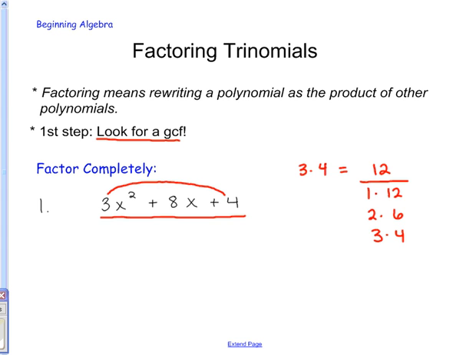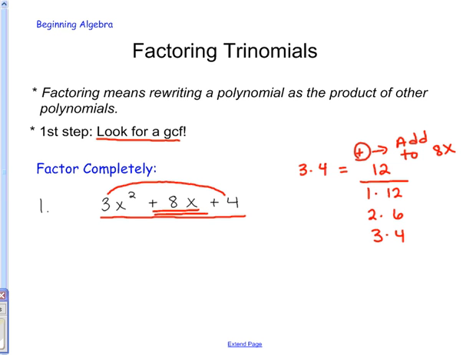If this number is a positive number, which the 12 is, then I want to look for the pair of numbers that will add to give me the middle term. Because it's a positive 12, I want the two numbers that will add to give me the middle term, which in this case is positive 8x.